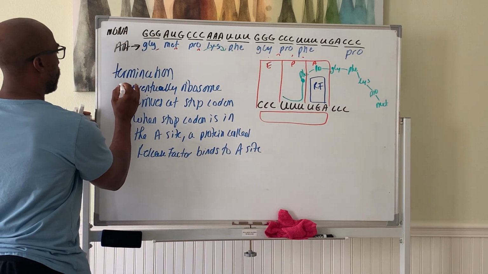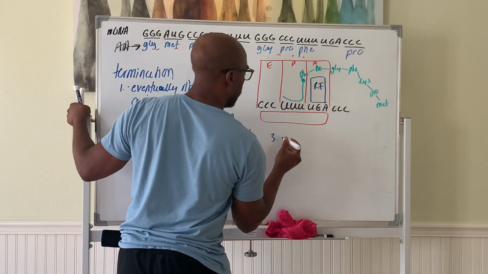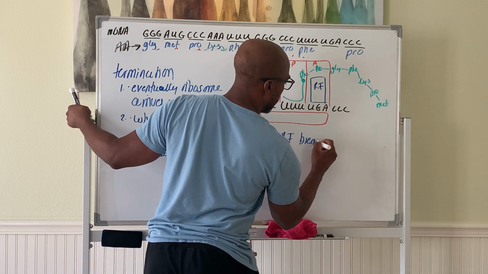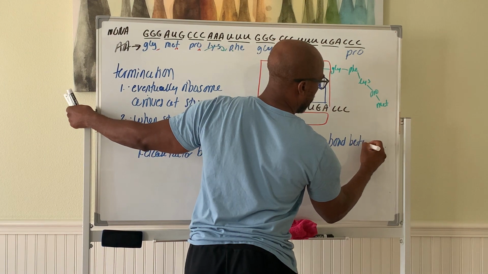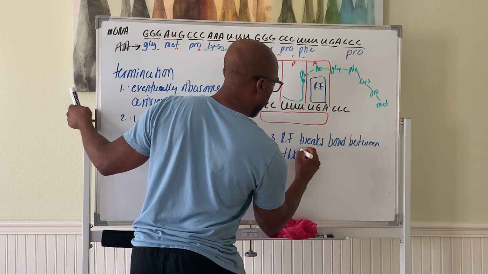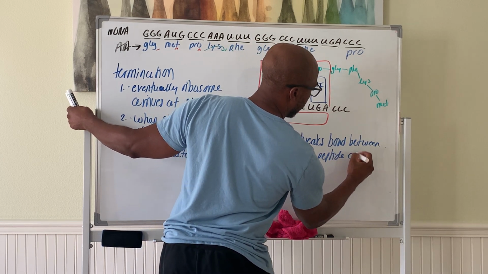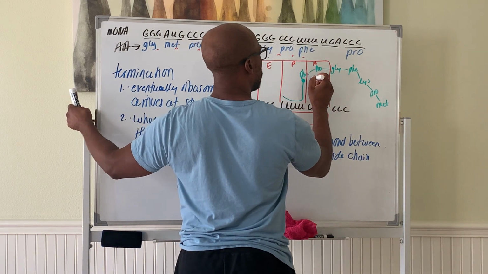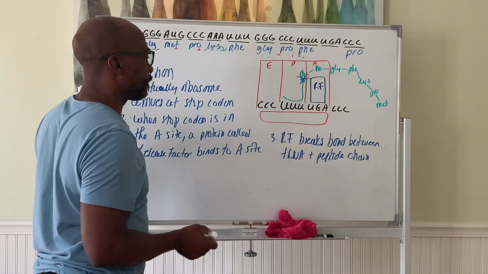All right, that's about 1, 2. Then RF breaks the bond between tRNA and the peptide chain. So the RF's job is to do this. Cut this right there. Break that bond.